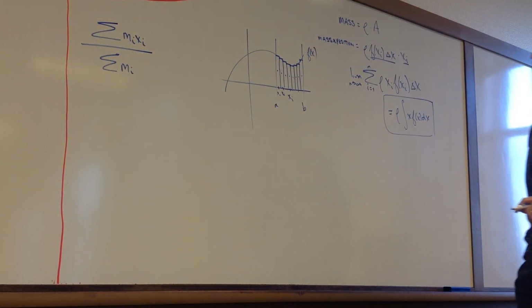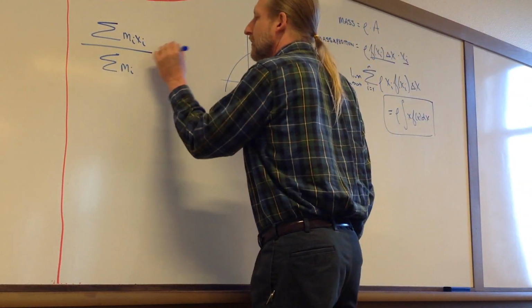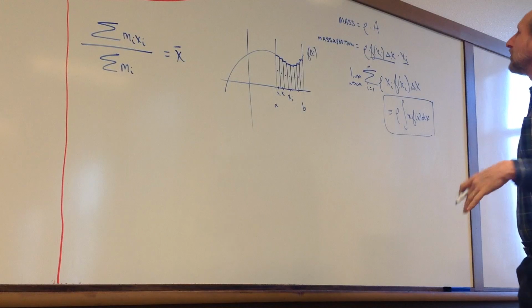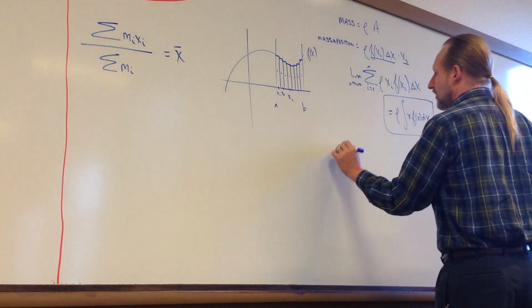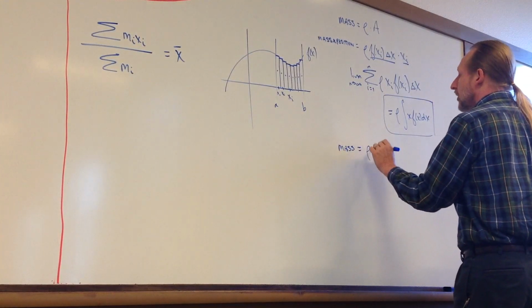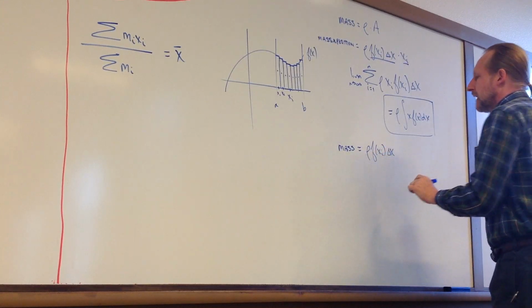Okay? And then we want to divide that by, and this is going to give us our x bar, the sum of the masses, which in this case, mass is just rho f of x sub i delta x.